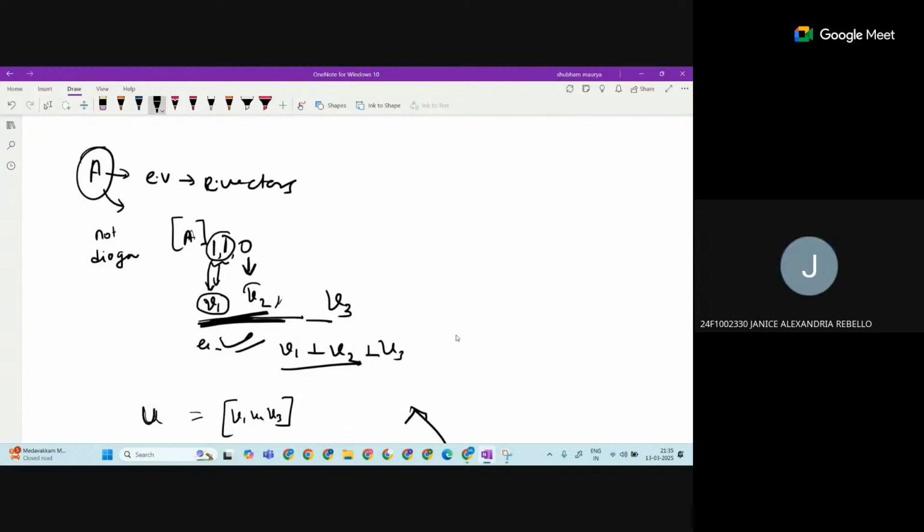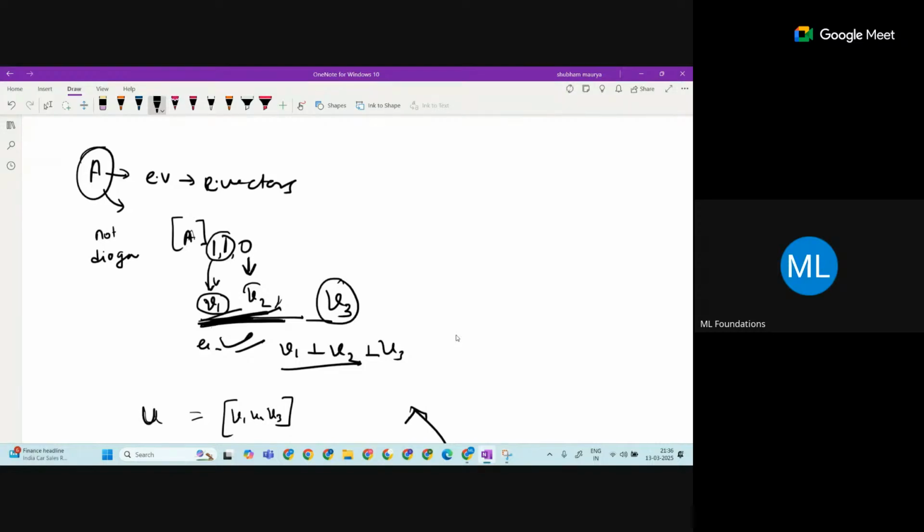If it is two eigenvectors, then it is diagonalizable. But if not, then your matrix is not diagonalizable. In that case, you have to find a third vector V3 which is orthogonal to V1 and V2.